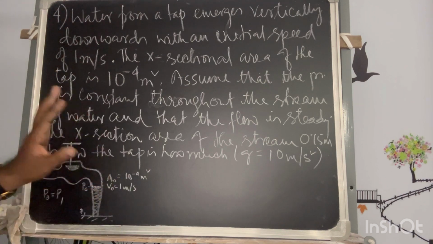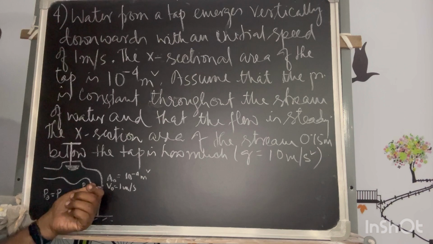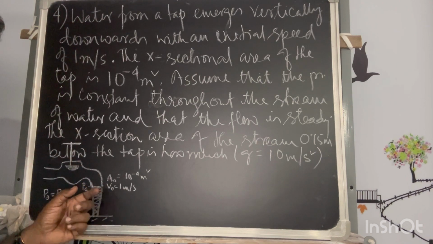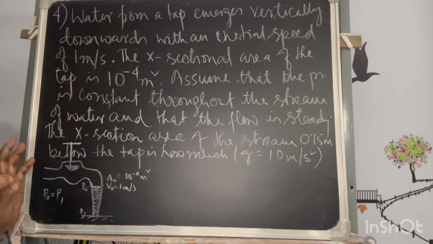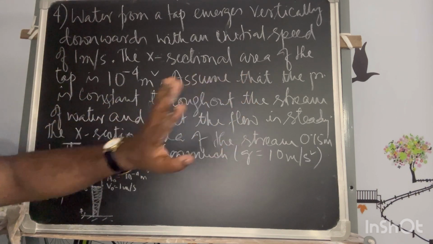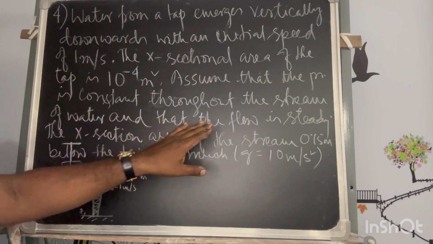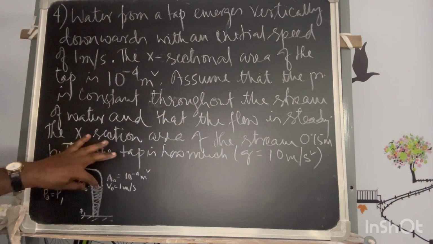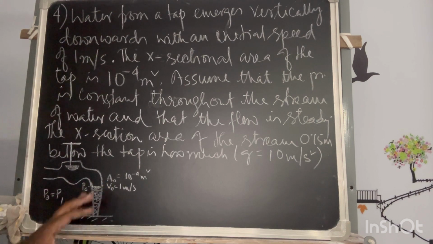You need not think about the pressure, because once it comes in contact with the air, the pressure will not vary, as it is working in atmospheric pressure. And the flow is steady, whatever is flowing through the air. That means streamline flow.